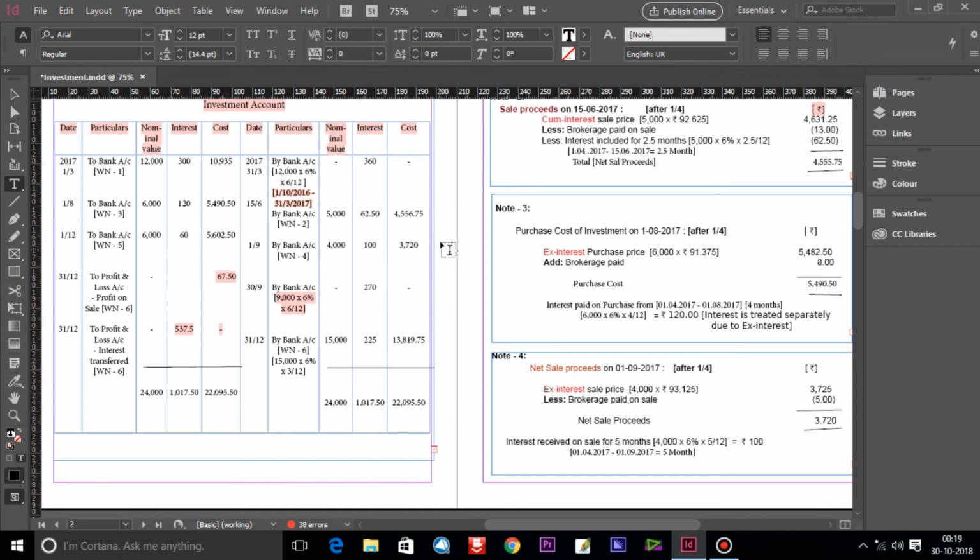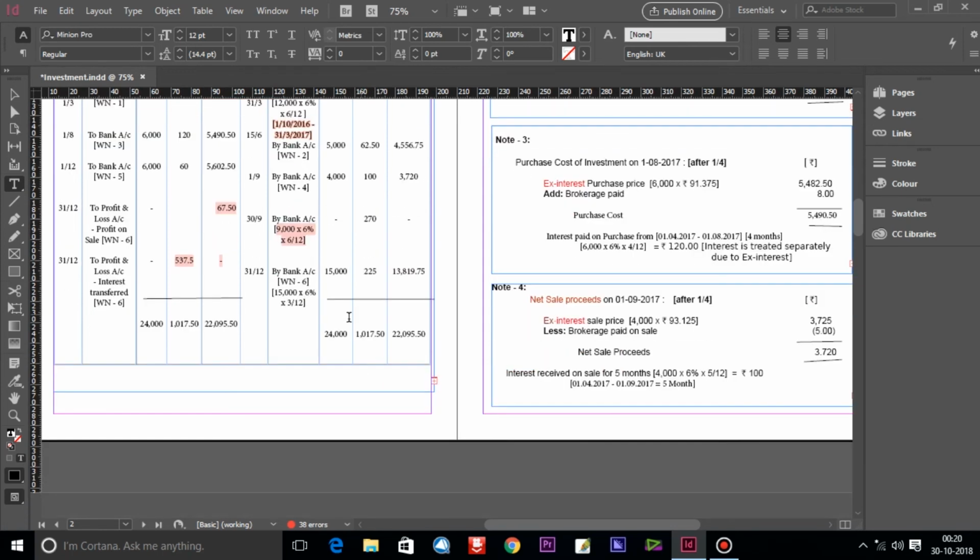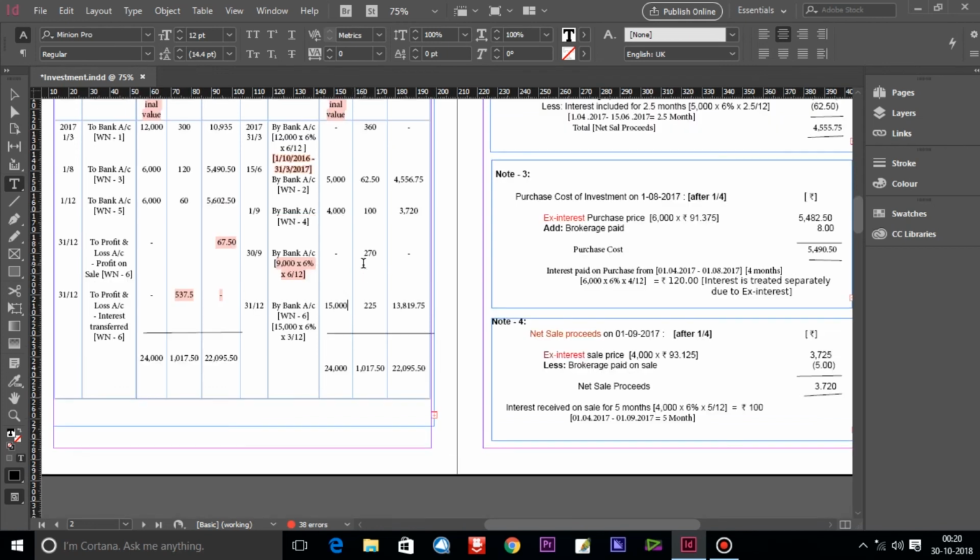Therefore, charge interest on 15,000. How much are you getting? I am getting rupees 225. Note number 6. Let us see note number 6.